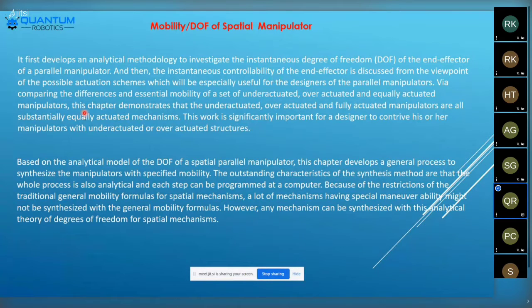Okay. And a character demonstration, and the under-actuated, over-actuated, and fully actuated manipulators. Here we have different types of manipulators, and the actuation condition is given over here. Underwater application has been used by the reductant manipulator.